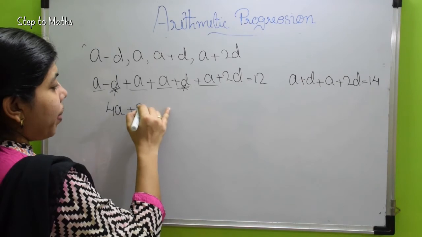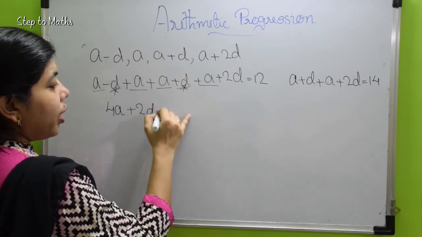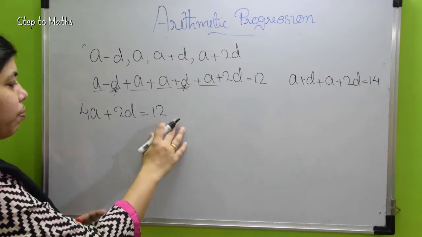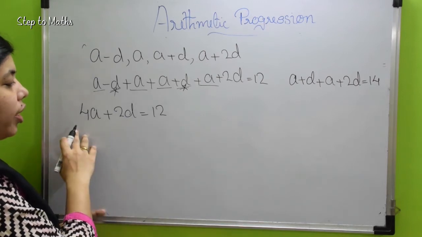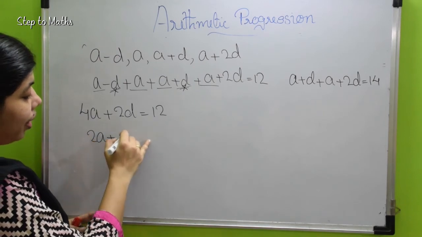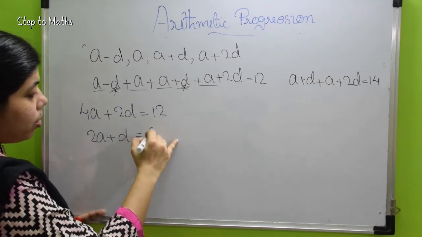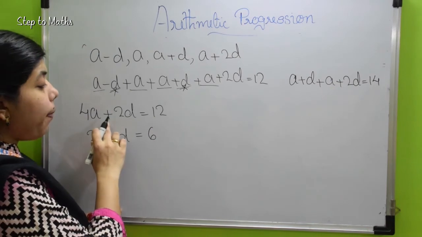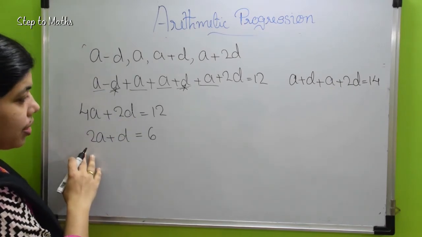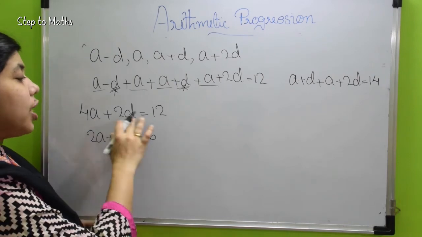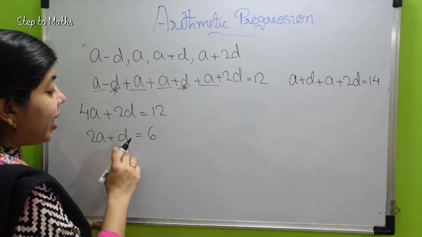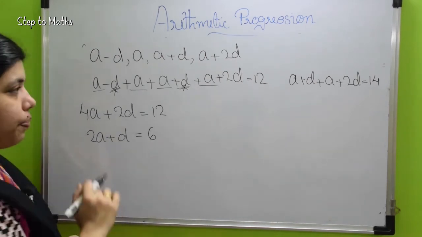So 4A plus 2D is equal to 12. If we simplify this by dividing throughout by 2, we get 2A plus D is equal to 6.